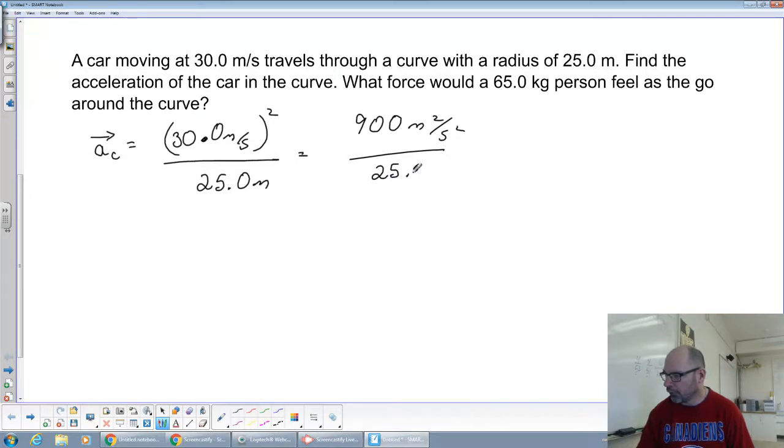One of the meters is going to cancel out. So if we do the calculation, 30 squared divided by 25, we get 36 meters per second squared.